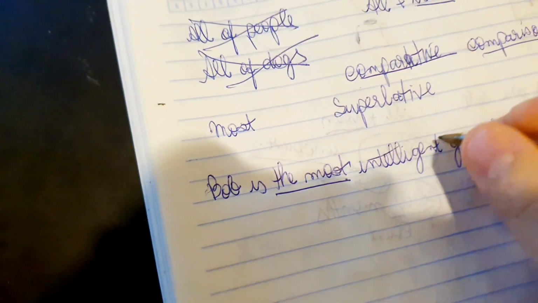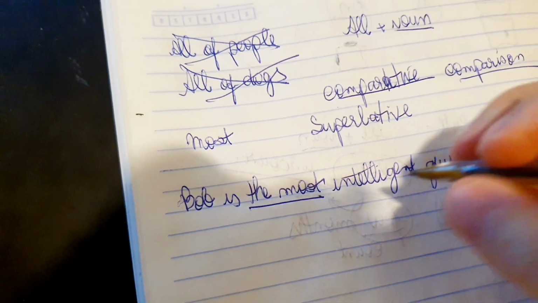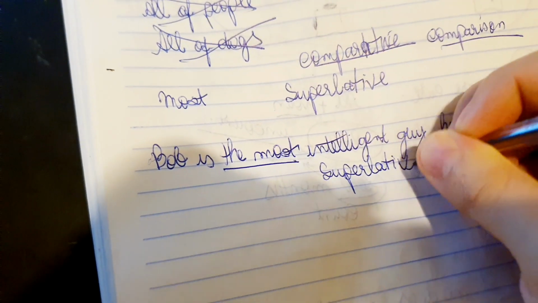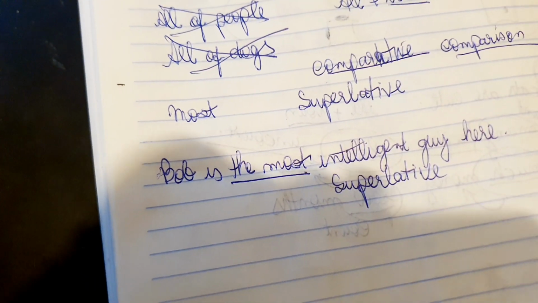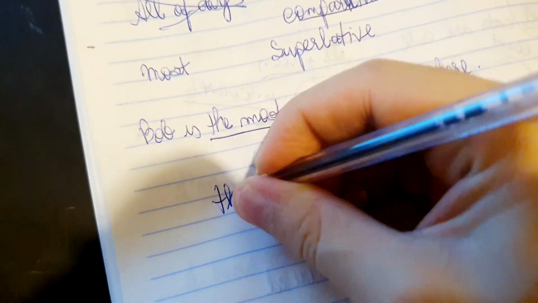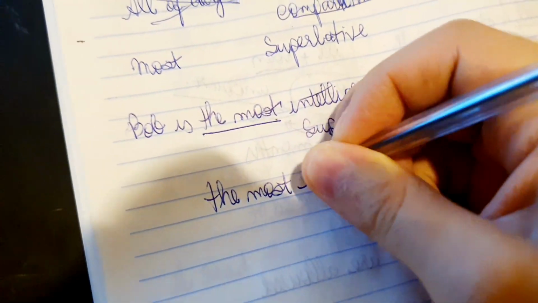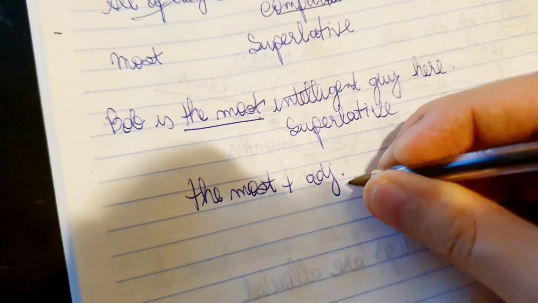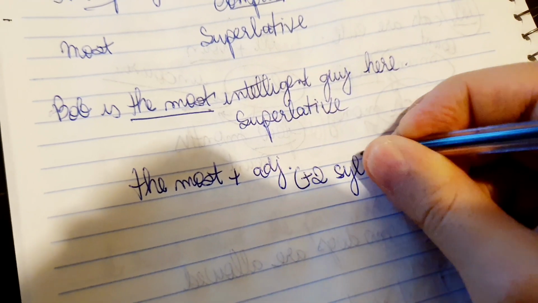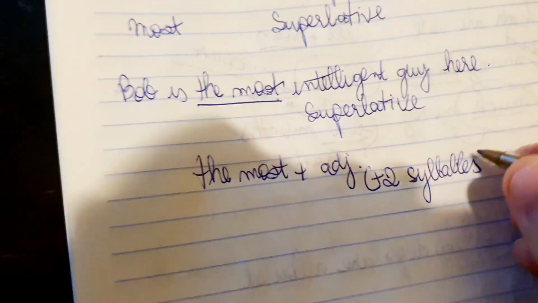So the most intelligent is superlative, okay? It means that you consider that from all of them, he is the most intelligent. You have the most plus an adjective which has more than two syllables. Okay?